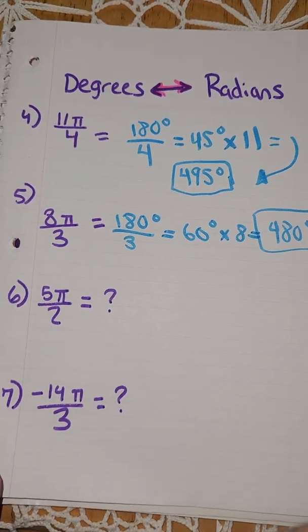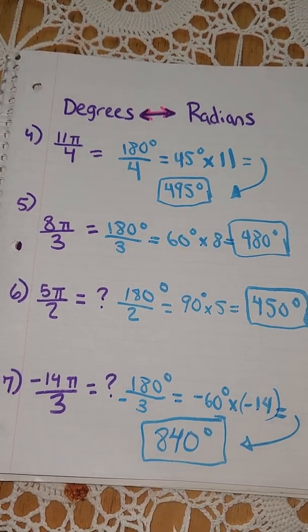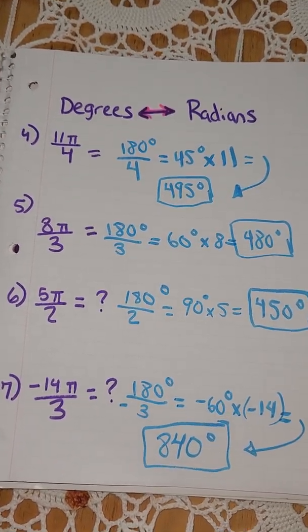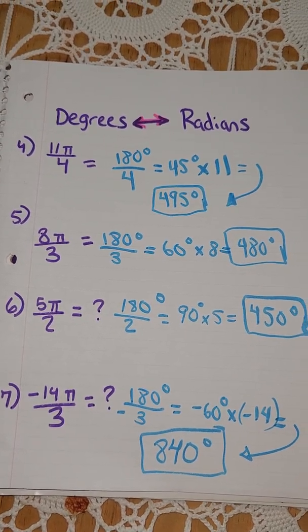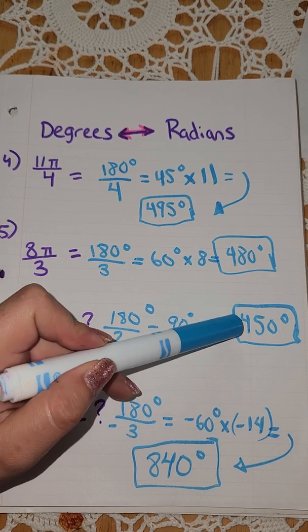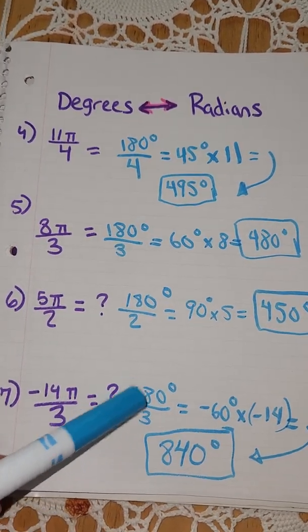I'll give you 10 minutes to work on problem 6 and 7. Here are my answers for problem 6 and problem 7. For problem 6, I got 450 degrees. And for problem 7, I got 840 degrees.